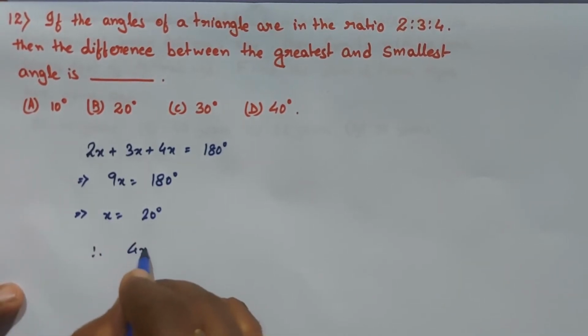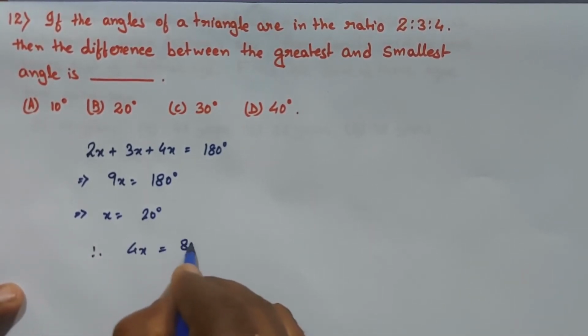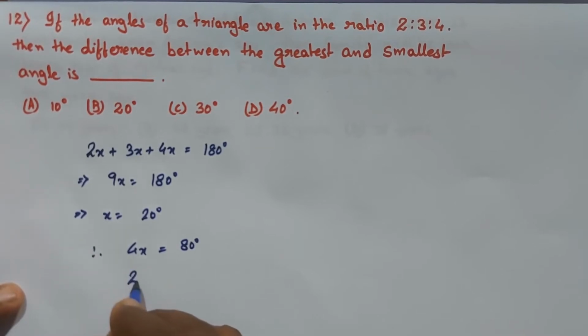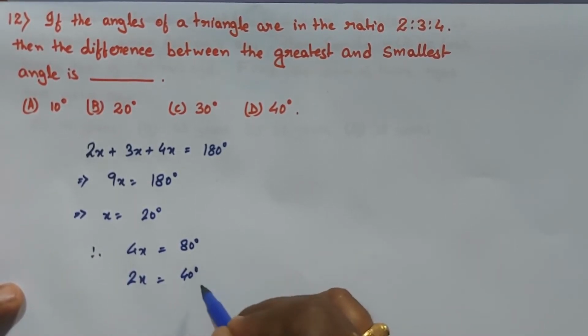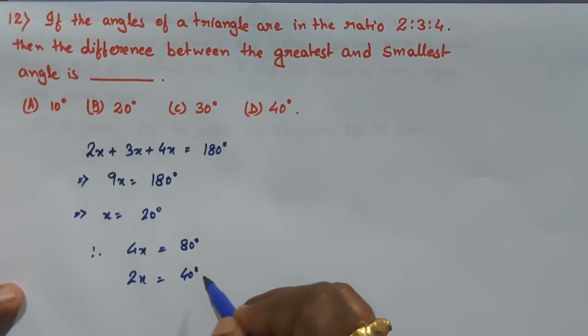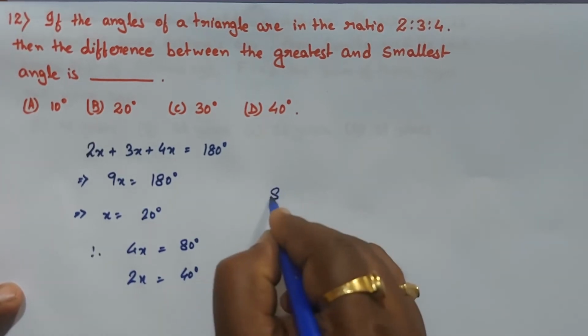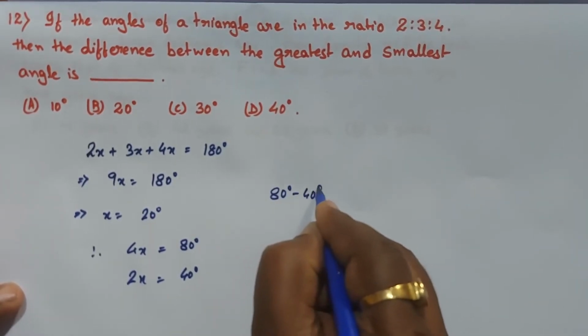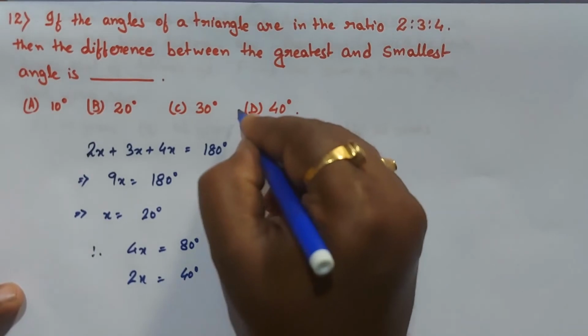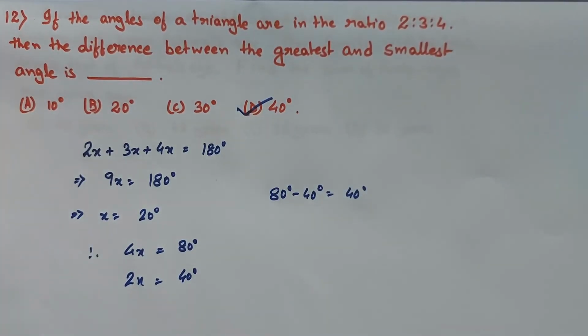Therefore 4x equals 80 degrees and 2x equals 40 degrees. This is the greatest angle, this is the smallest angle. The difference is 80 minus 40, which is 40 degrees. So option D is our correct answer.